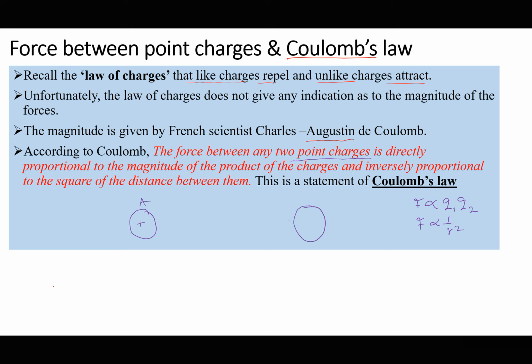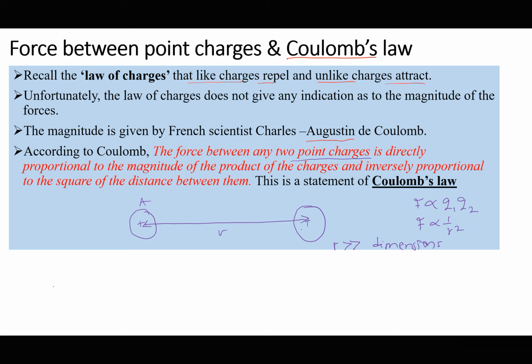Let's say both charges are positive. Also, these two charges, however big they could be, would still be considered point charges if and only if their separation r is much greater than the dimensions of any of the charges.